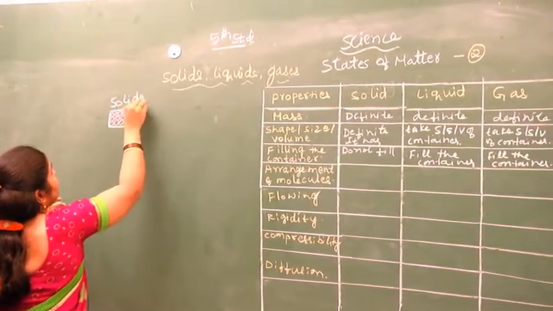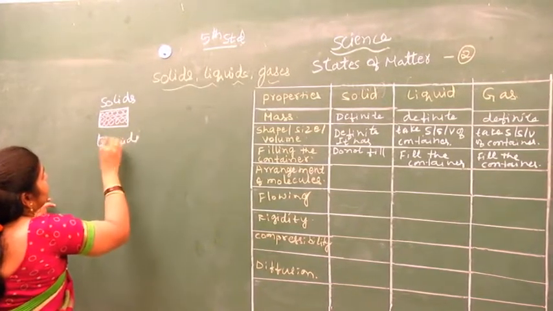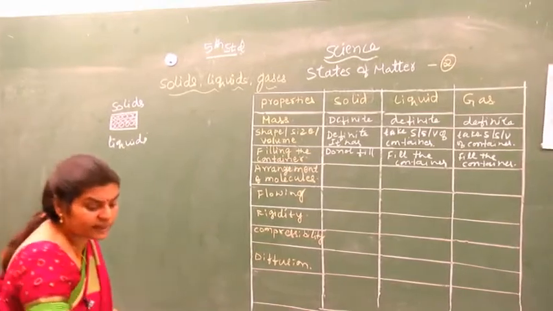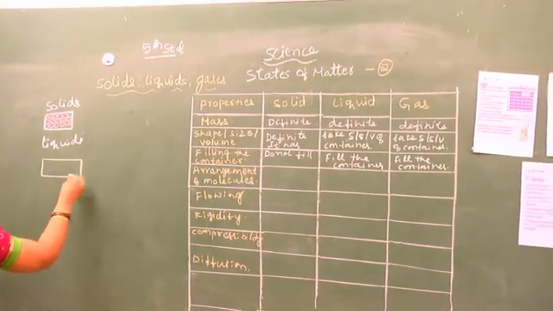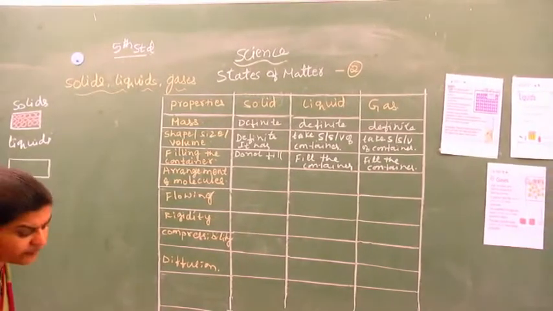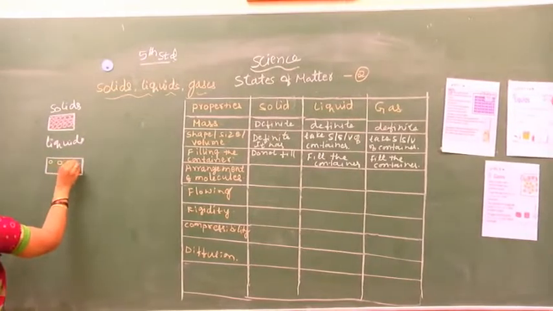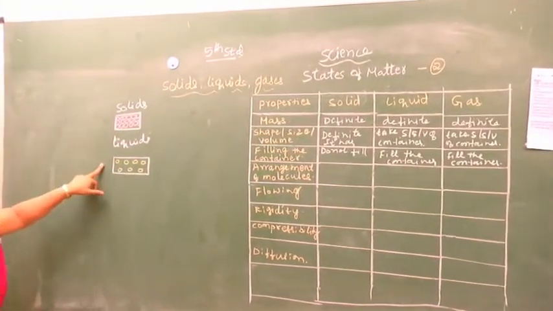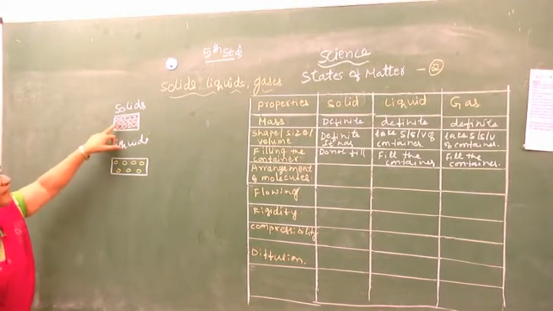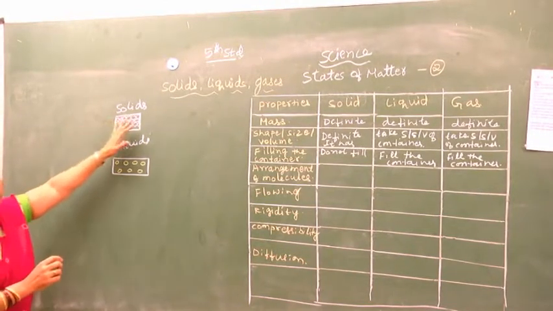When we consider the liquids, what we consider is the arrangement of particles. How are they going to be arranged? In case of the liquids, there will be distance between the particles. Here, in the solid, they are tightly packed and there is no place between the particles.